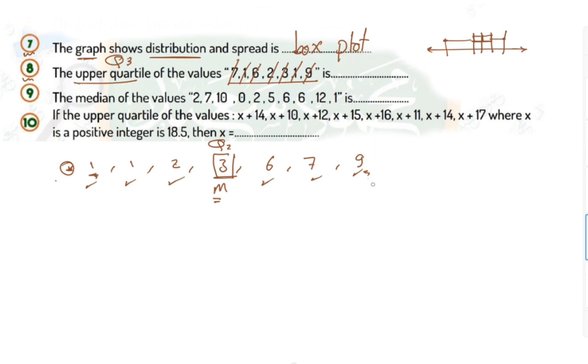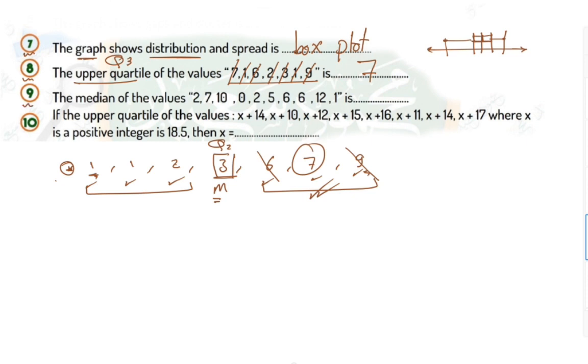Now I have two parts, the first to the right and the second to the left. He asked us about the upper, which one is the upper? This part gives me the upper. So I do the same thing: delete one from the right, one from the left, and just the upper quartile appears here. It's 7.